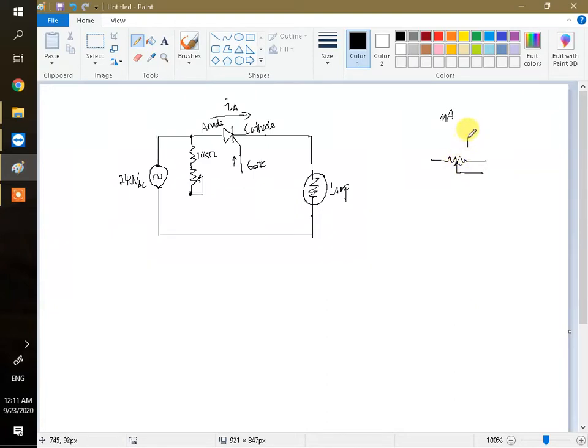Sometimes we call it the potentiometer, or a variable resistor. For this one we use about 100K, so we can adjust here from 0 to 100K, and then here we put one capacitor.